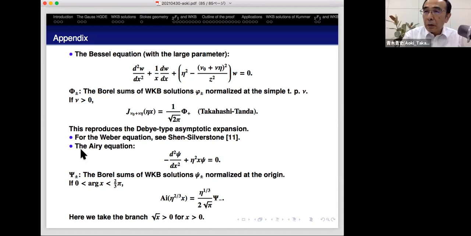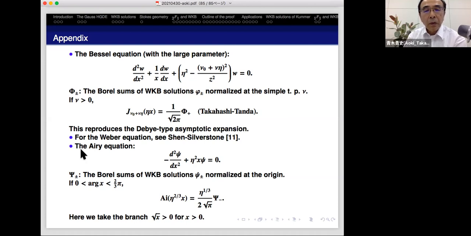I don't know well, but classically, Ramis wrote a paper that treats confluence, the relation between the monodromy matrix and the Stokes matrix between the hypergeometric equation and the Kummer equation.